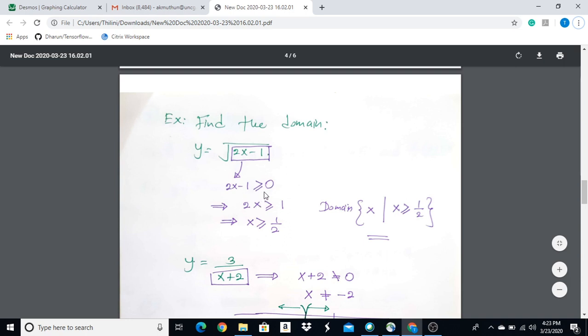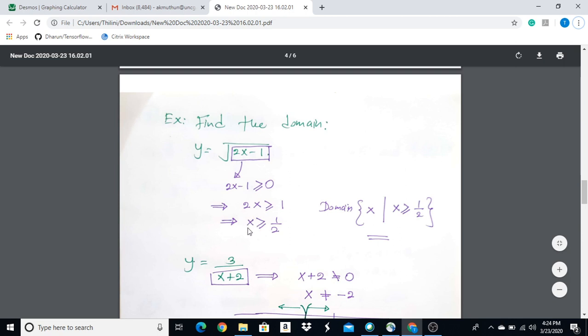Now if you solve this inequality for x, as we have done before, you can add 1 to each side. You get 2x greater than or equal to 1, and then x is greater than or equal to 1/2. This is the inequality that represents all the possible x values that you can plug into this function.